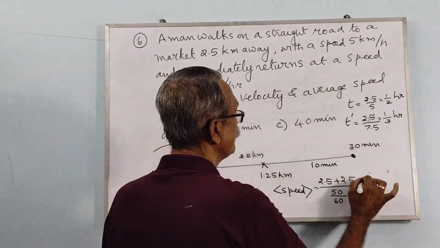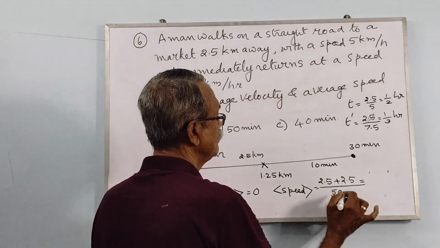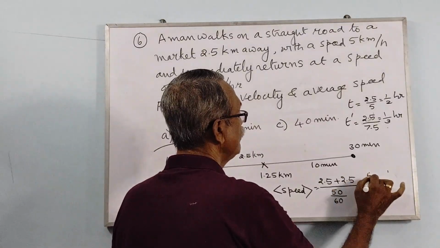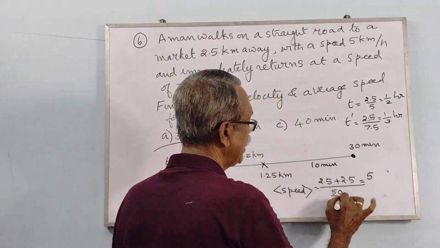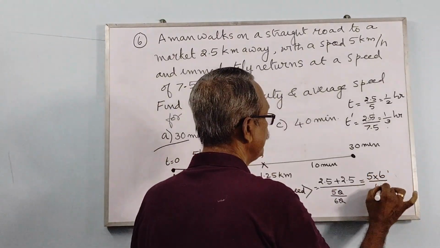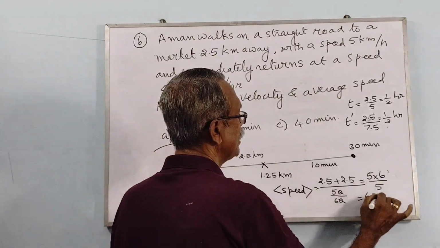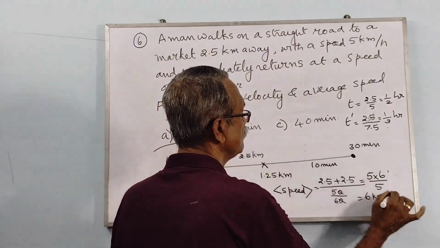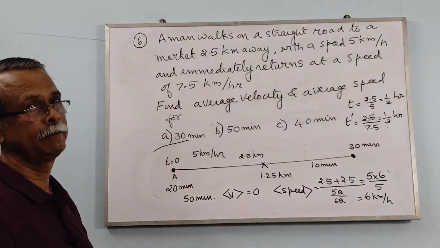So this is 5 into, this is 2.5 plus 2.5, this is 5. Multiplied by the 0 will cancel, 6 divided by 5. 6 kilometer per hour. That is for 50 minutes.